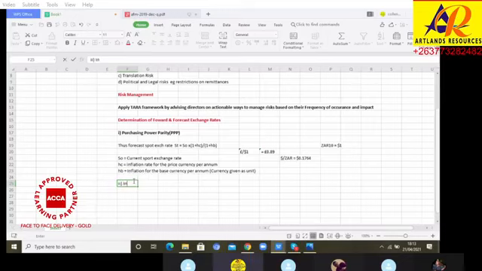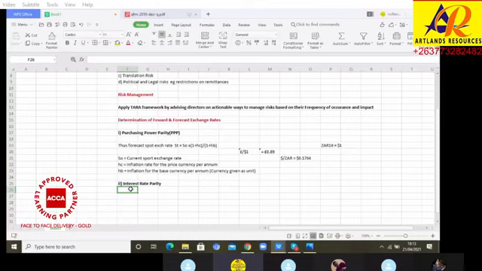Then number 2 is, apart from purchasing power parity, there's what is called interest rate parity. What does interest rate parity say? Interest rate parity simply means exchange rate movements reflect the differences between the nominal interest rates of the currencies involved.